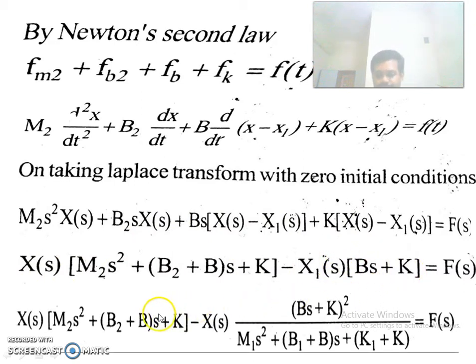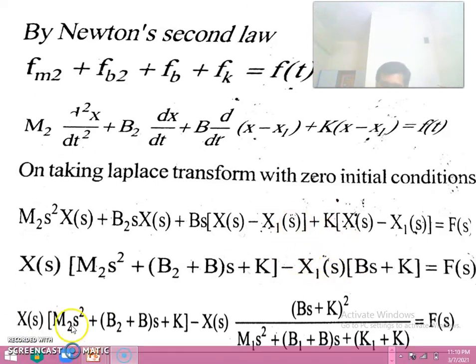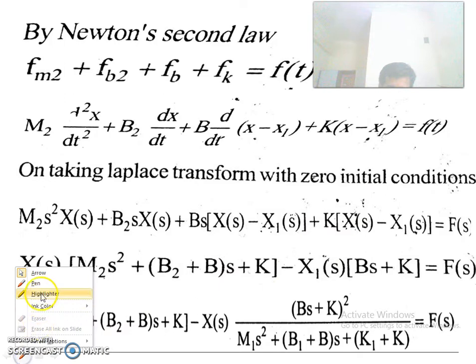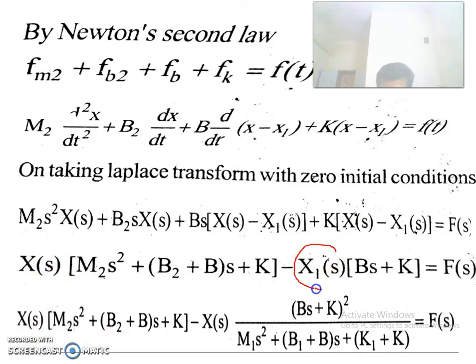After that, instead of this X1 of s, we already found the value of X1 of s by applying Newton's second law to mass M1. So in place of X1 of s, we substitute that value.